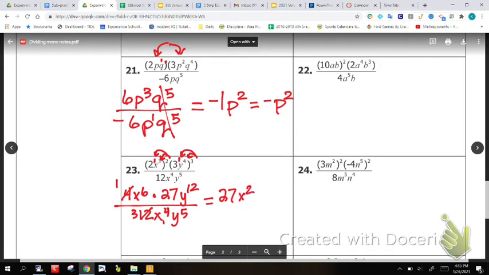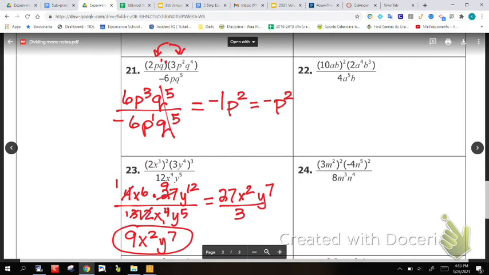Y to the 12th divided by y to the 5th. Subtract your exponents, you get y to the 7th. Now, I also have that 3 on bottom. And 27 divided by 3 is 9. Which I could have reduced right here also. Okay? So the thing you get into as the problems get more involved is there's lots of different ways you can do them, but there are some things that have to be in a certain order. And if you have the parentheses with the power on the outside, you need to take care of that first.